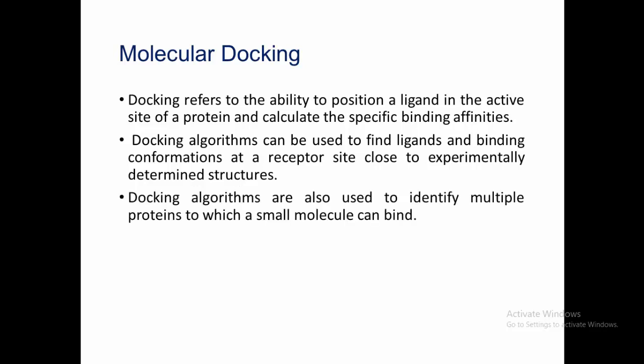Also, docking algorithms can be used to identify multiple proteins to which a small molecule can bind. There are many servers where you just submit your ligand and the algorithm will search for the proteins that could be suitable targets for these ligands.